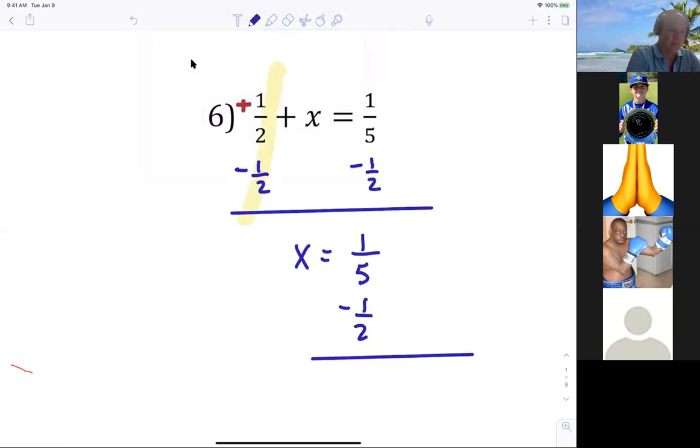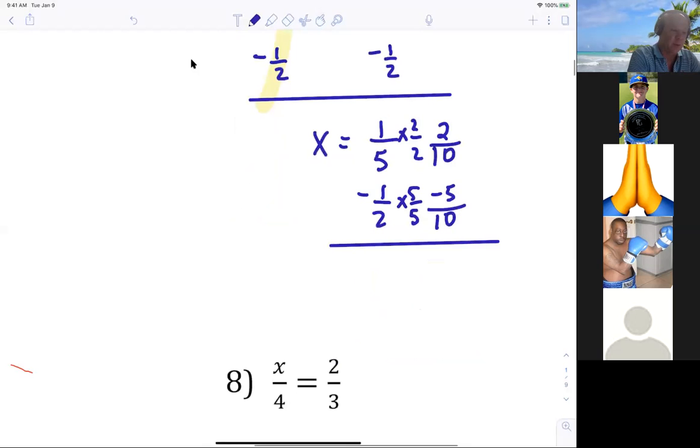In order to do that, we have to get a common denominator. The common denominator is 10. So I need to multiply the first fraction by 2/2 and the second fraction by 5/5. So I have 2/10 minus 5/10. So x is equal to -3/10. Anybody have any questions with that? A good review of your fractions.